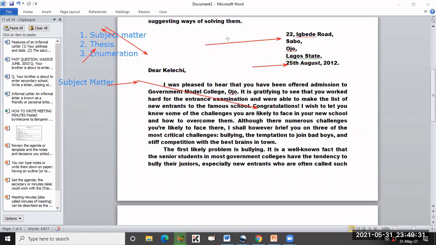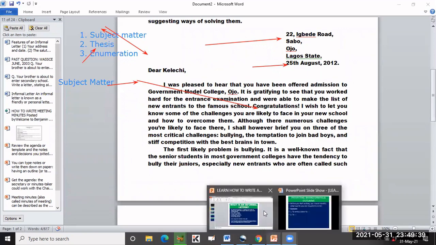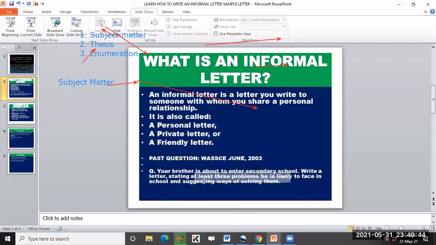So let me show you again the particular exam question we are handling so that you'll be able to understand what we mean by the subject matter. Look at it. Your brother is about to enter secondary school. Write a letter stating at least 3 problems he is likely to face in the school and suggesting ways of solving them.